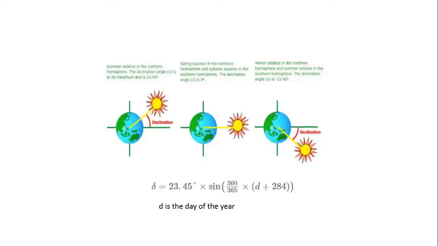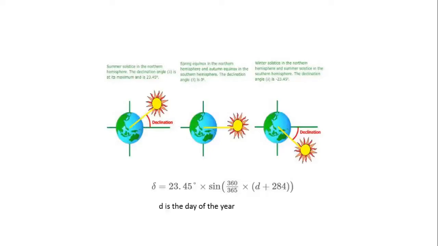The declination in degrees for any given day may be calculated by the equation of Cooper, that is delta equals 23.45 sine of 360 by 365 into (d plus 284), where d is the day of the year. Suppose we are considering the date June 21, 1988. It is the 173rd day of 1988.